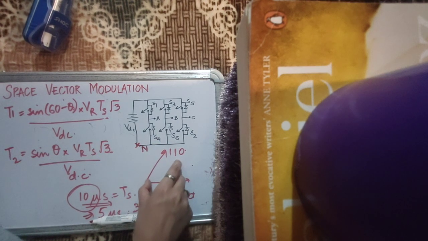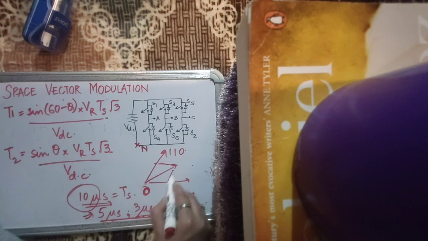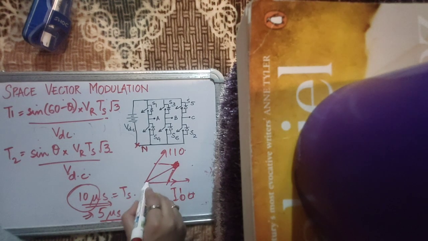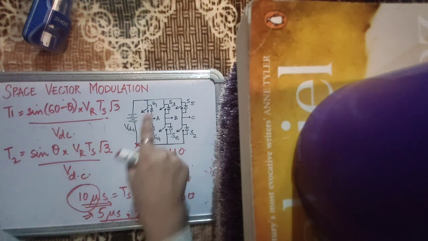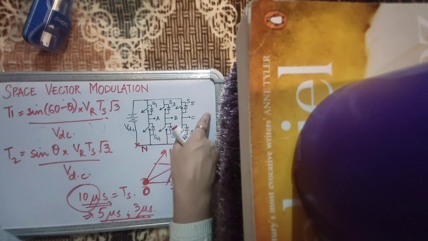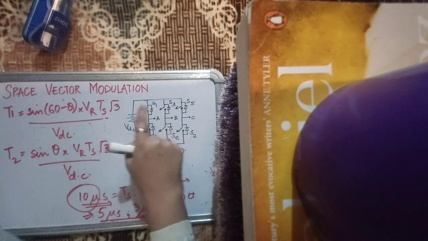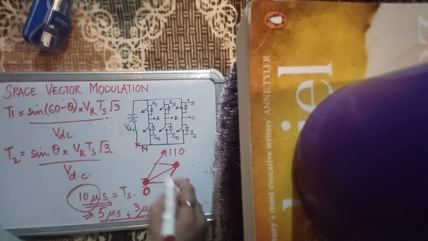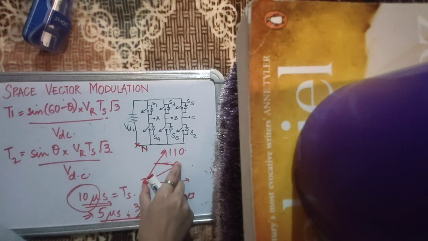But right now you want this to be the position of your vector, according to how you calculated T1 and T2. And now so that it does not go here or there, for the remaining time in TS you switch your zero vector. Zero vector means 0 0 0, all upper 3 devices off and bottom 3 on, of course, or it can be 1 1 1, all upper 3 devices on and bottom 3 devices off. So the zero states are just for balancing your space vector at that position.